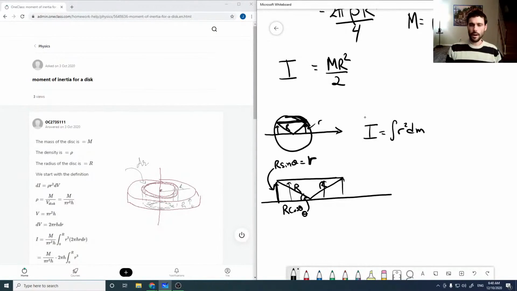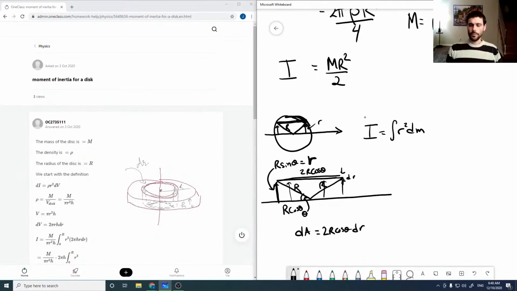So our r value is R sine theta, and this length here is R cos theta, meaning that the entire length is 2R cos theta. So that's our little mass segment, and if it has a width of dr, then our tiny area segment this time is 2R cos theta dr.